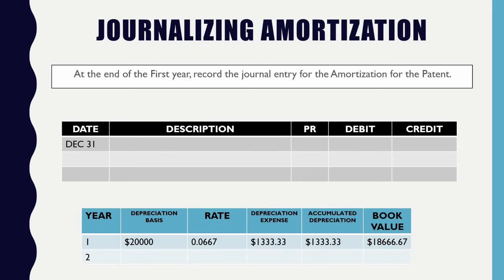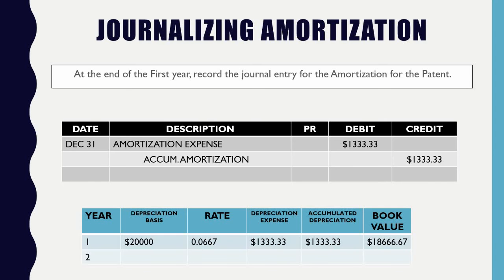Depreciation expense, accumulated depreciation. Now, once again, can you use the word depreciation? Oh, no. Amortization. Yes. So same exact, except you need to just swap out the words. So instead of depreciation, it's amortization.